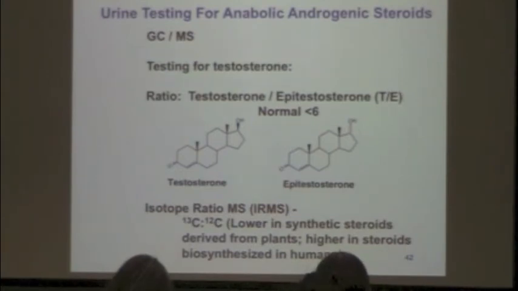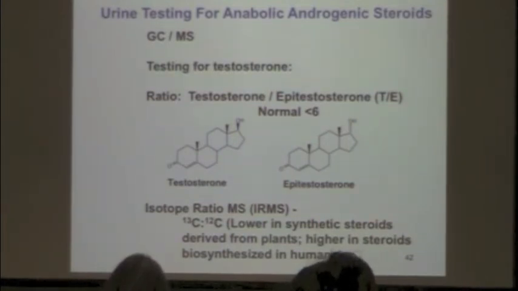So the T to E ratio may rise to above 10, 12, 14. That's one indicator. That's why they test for both in the testing labs. And some athletes have been caught on that basis. That's how they could definitively say that you've been using exogenous steroids.